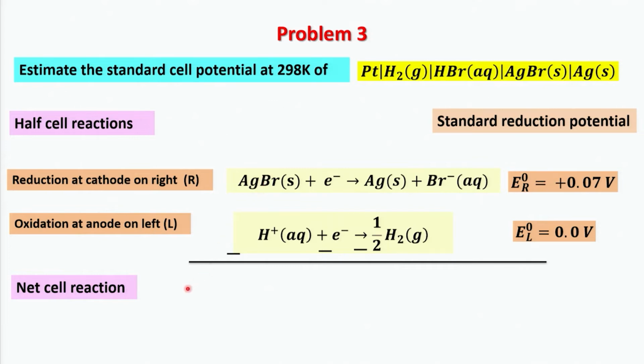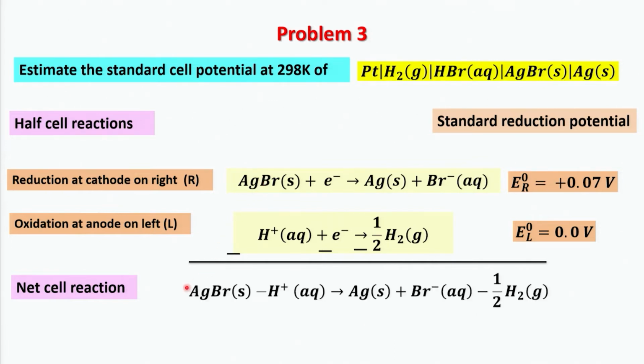Let me explicitly write down the algebraic equation that you get by subtracting the second from the first. You get AgBr solid minus H plus aqueous, giving rise to silver solid plus bromide ion in aqueous medium minus half hydrogen gas.